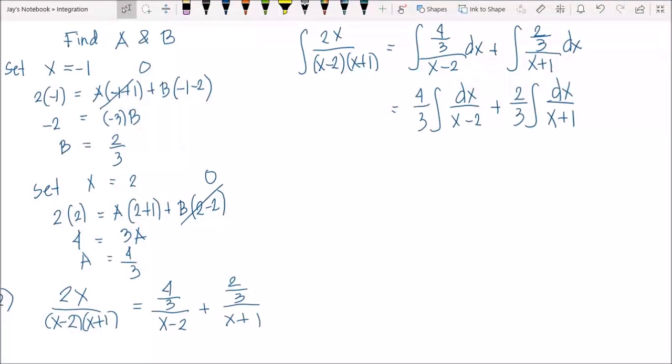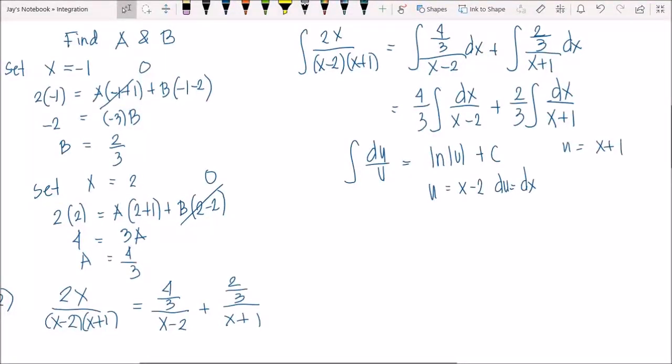Okay, so what do you think is the integration rule that we can apply to this? We have the integration of du over u, that is the natural logarithm of u plus c. Correct? So in this case, our u is x minus 2. Therefore, our du is dx. On the other side, our u is equal to x plus 1, then our du is dx.